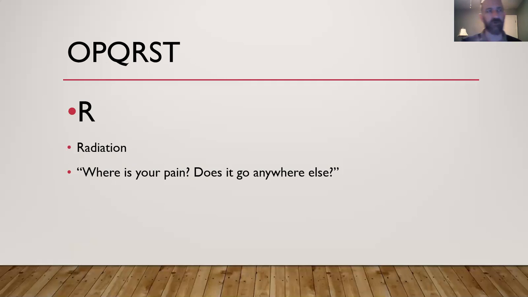Let's say, for example, somebody's having chest pain and it radiates up their neck into their jaw or down into their left arm. So for radiation, we want to know if the pain is staying where it is or if they're feeling it go somewhere else, like a shooting pain that goes down your arm. So where is your pain, and does it go anywhere else?